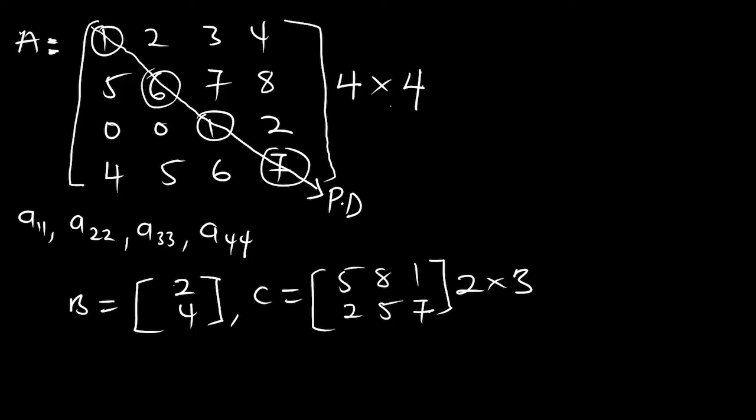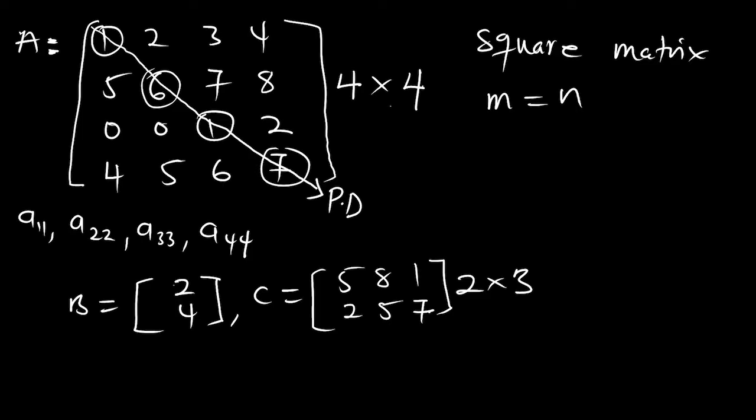If we are to find the principal diagonal, looking at the examples we've tackled, we have what we call a square matrix. A square matrix is a matrix which has m equal to n.